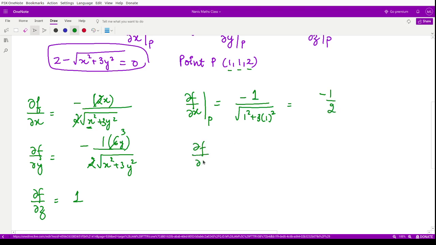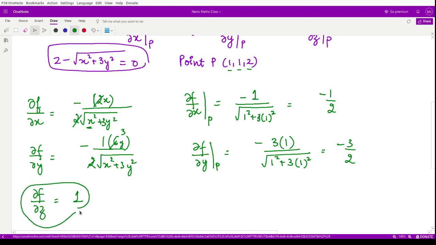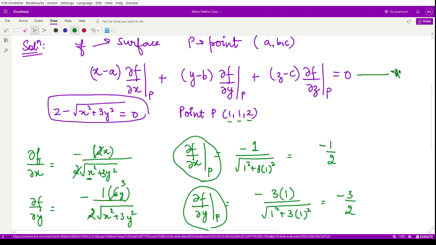And when you compute the partial derivative with respect to y at this point, it would be minus 3 into the value of y, which is 1, divided by 2 square root of 1 square plus 3 into 1 square. So it would be minus 3 by 2, and this value is going to be 1 at the given point. Why? Because this is a constant quantity. So now you got these 3 quantities. So we just have to substitute the values in the given equation.